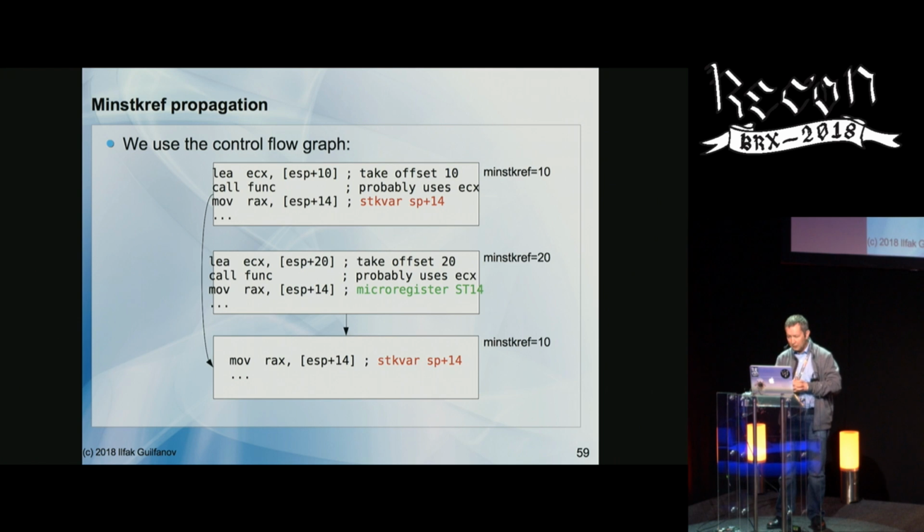In the first case, the decompiler assumes that the offset 14 could be spoiled by the called function because we passed offset 10 to it. In the second case, we don't know for sure, but we assume that the function will not access memory lower than 20, therefore accessing the memory cell at offset 14 can be considered kind of safe. Well, let's say it's not completely true, but it holds in real life, therefore we can live with that.